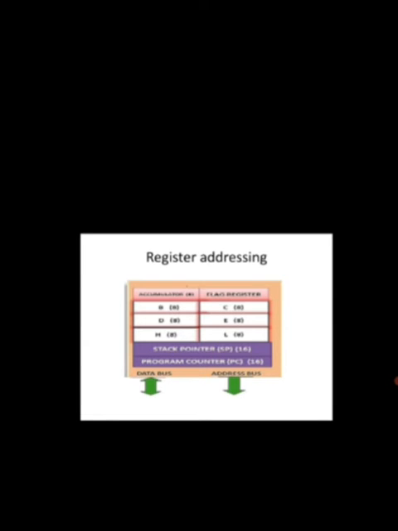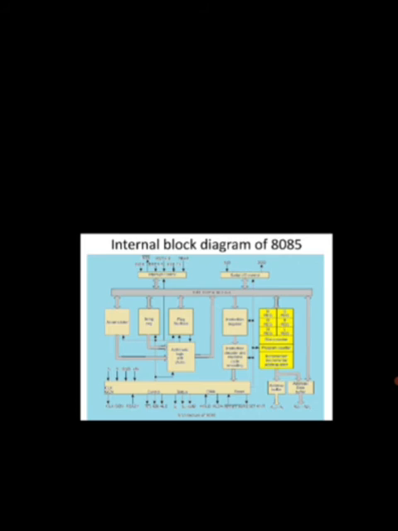The program counter is a 16-bit counter used to store the address of the next memory location. The instruction register is 8-bit, and the first byte of the instruction is loaded in this register.